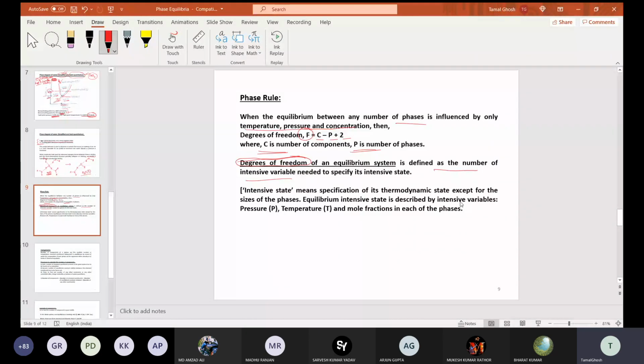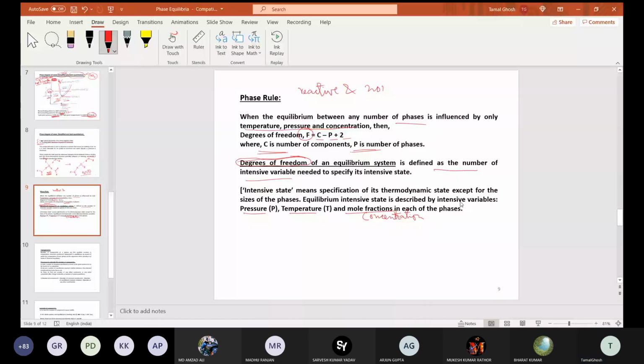Now remember, these are intensive variables. These can be pressure, temperature and mole fraction, or somebody can write concentration. Whenever you are applying this phase rule, you can apply it to a reactive system and to a non-reactive system.